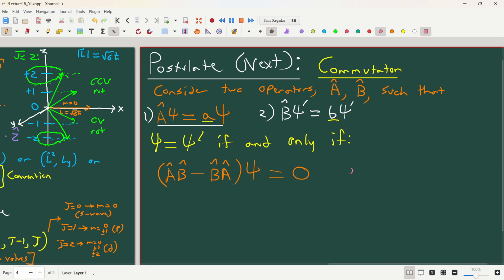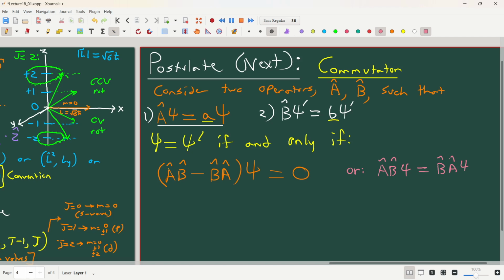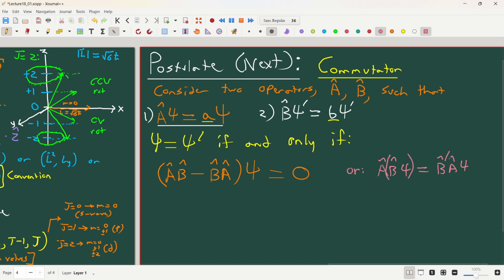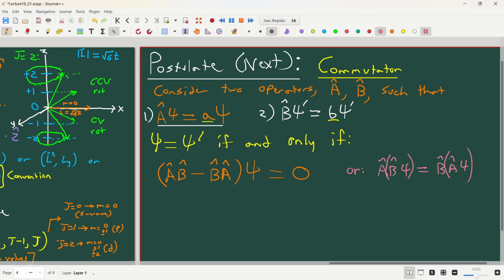Or another way to write this, the operators commute. It doesn't matter which way I take the operators. If I measure B first, then A, it gives me the same result as if I measure A, then B. Okay, so that's what that means. Let's do an example.